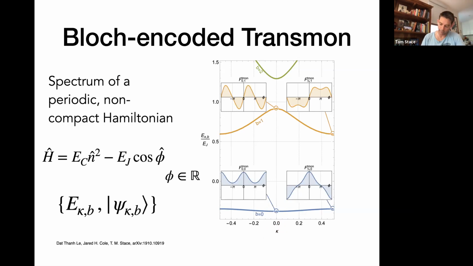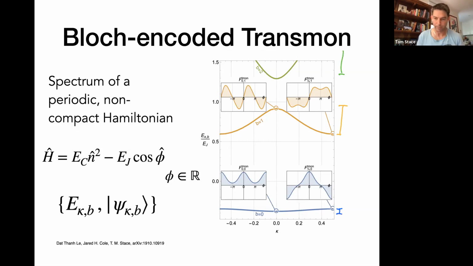And so for a transmon, I have the spectrum associated with kappa equals 0. It's a discrete spectrum. But I also have a spectrum associated with every other value of kappa in the interval -0.5 to +0.5, which at any given value of kappa is a discrete spectrum, but collectively form bands. So I have a band of energies down here.